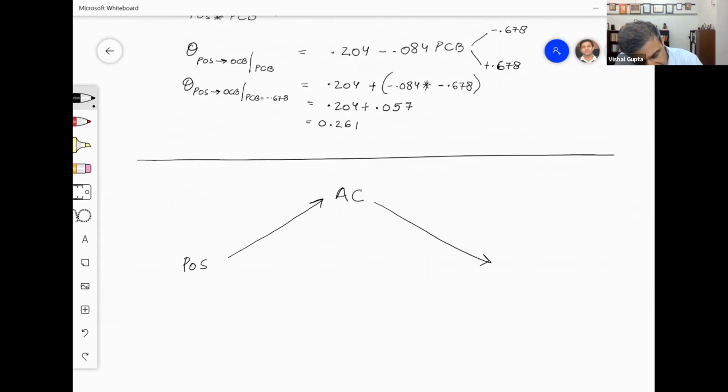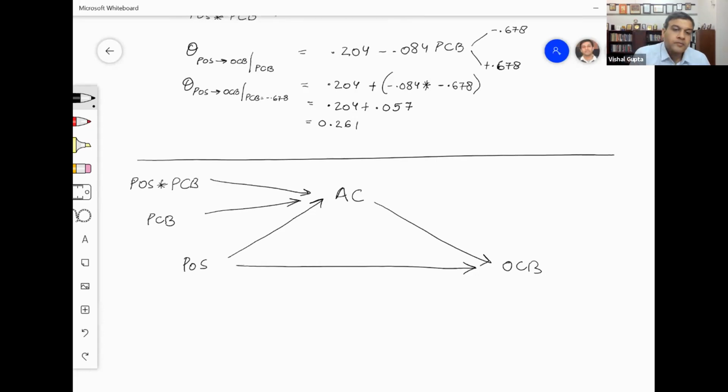And you have OCB, and then there will be a path from PCB and there will be a path from POS multiplied with PCB. Okay, and there are all these coefficients here also.